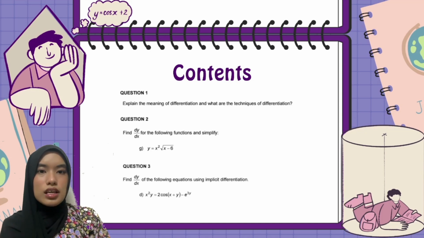Third, we will tackle question 3D, applying implicit differentiation to solve an equation where our variables are closely intertwined. Finally, we will wrap up with our conclusion and recommendation. Let's begin with our first segment. I will hand the floor over to Izazi to take us through the conceptual meaning of differentiation.